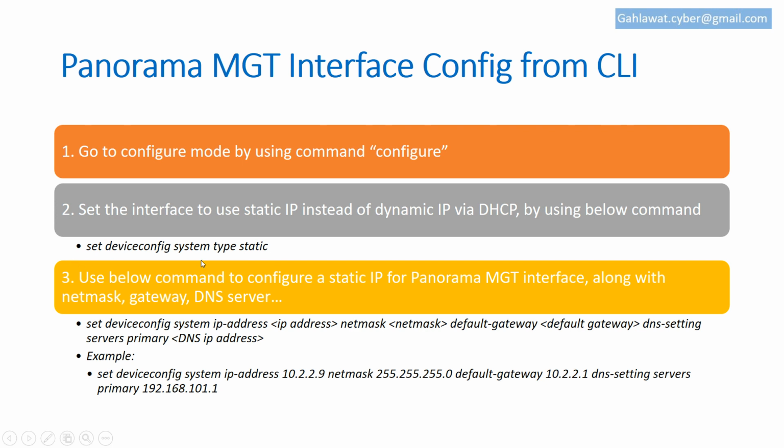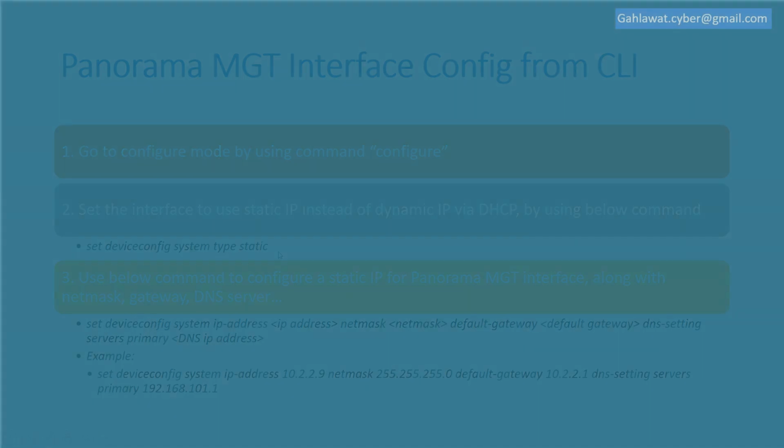After that is done, the Panorama will take the static IP. Otherwise, if this is set as type dynamic and we are configuring a static IP, then it won't take effect. So this command is very important: set device config system type static. So let's execute it.